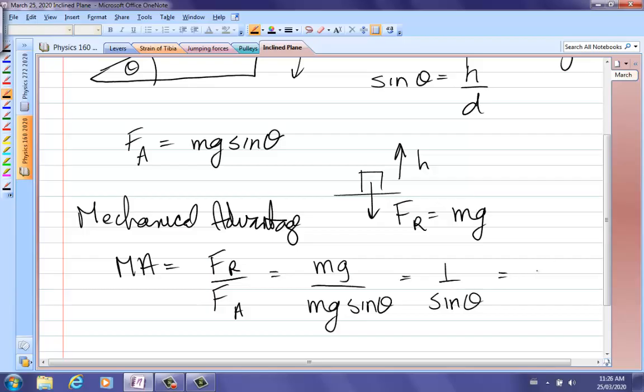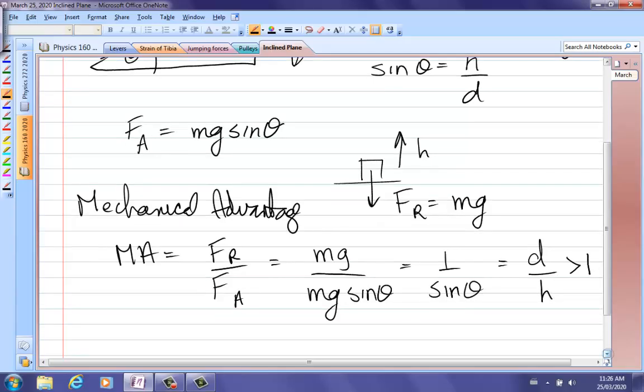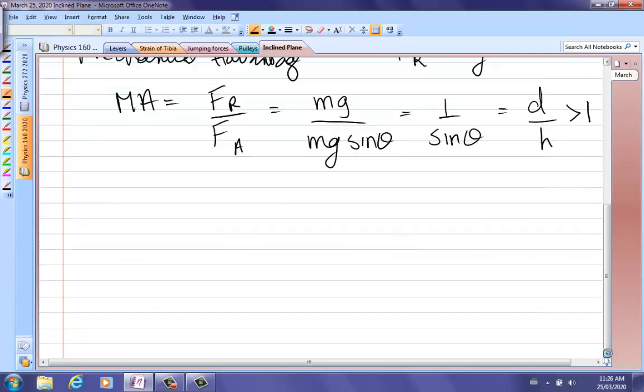And 1 over sine theta is d over h. D being greater than h, this gives a mechanical advantage greater than 1. Okay, so basically, the price you pay is you have to drag it a lot further along the incline than you do if you were to lift it vertically, but it's a lot easier to do that.